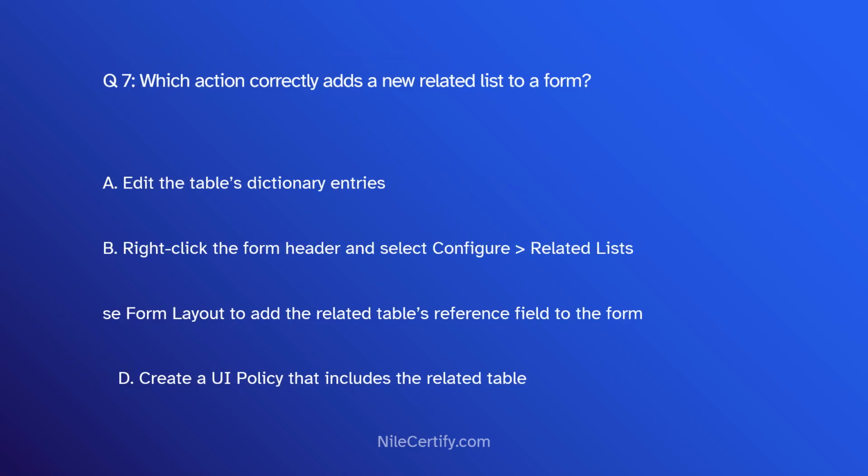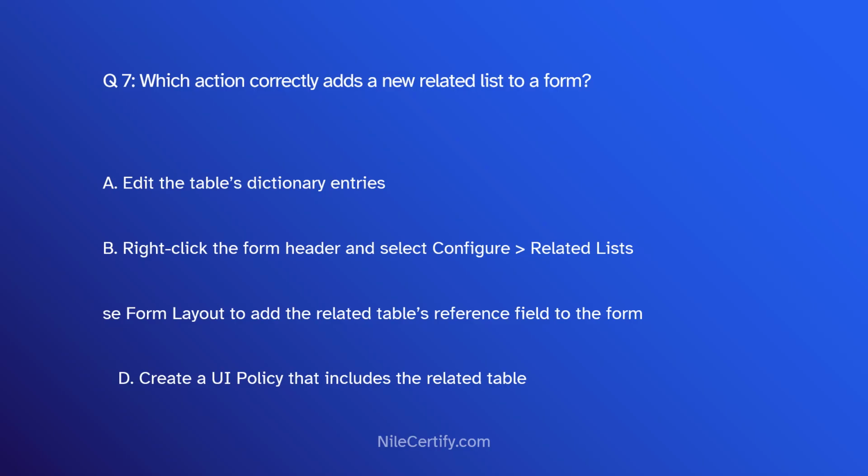Question 7. Which action correctly adds a new related list to a form? Okay, so before going to the options, let's look at the question. From this question only, we can tell that we are working on a form and we want to add a related list at the bottom.